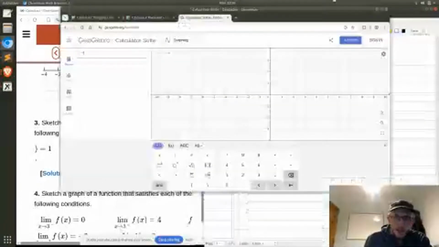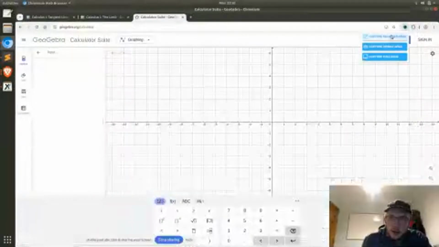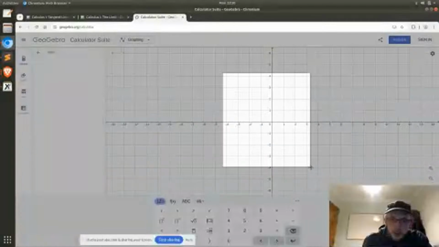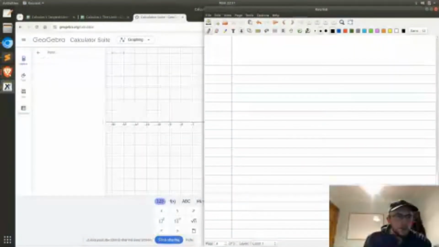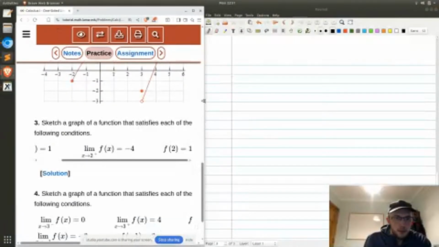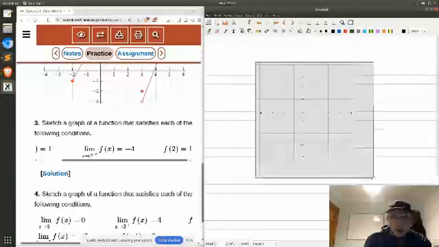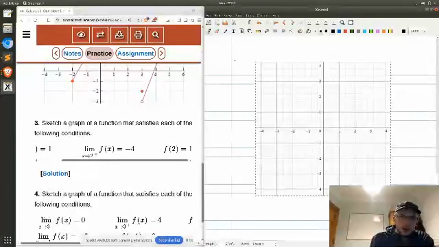Grab this like this. Just that much will be fine. Okay.